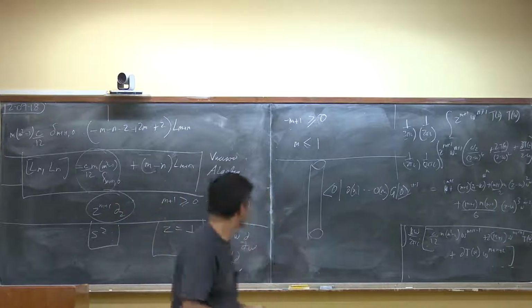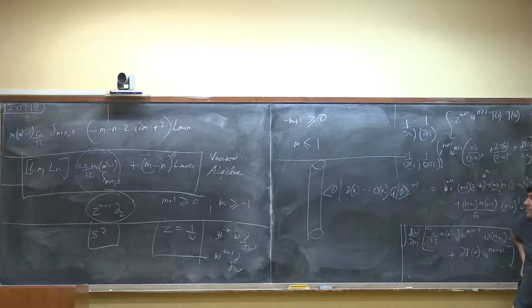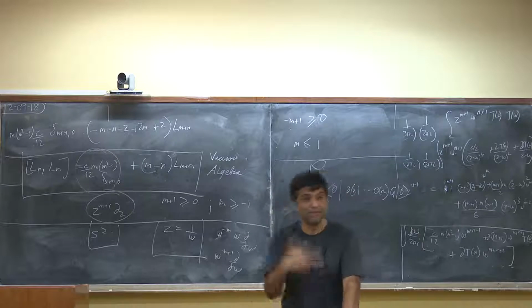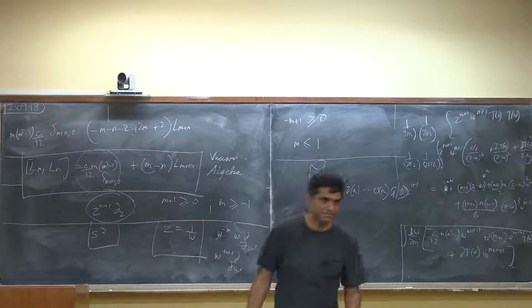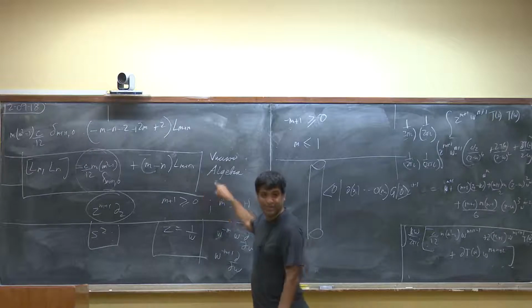Other questions, comments? Yes? The total number of global conserved charges, absolutely correct. And so this is 3 plus 3. 3 for the left movers and 3 for the right. These were the 3: L minus 1, L0 and L1.